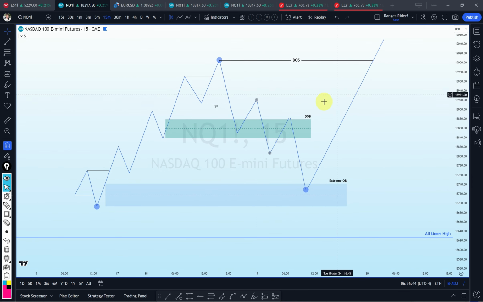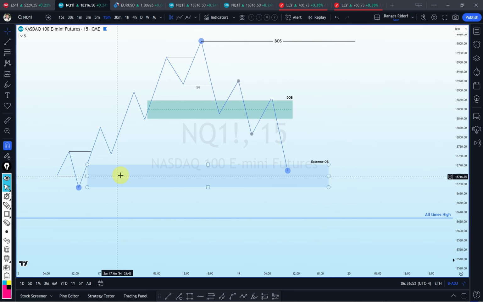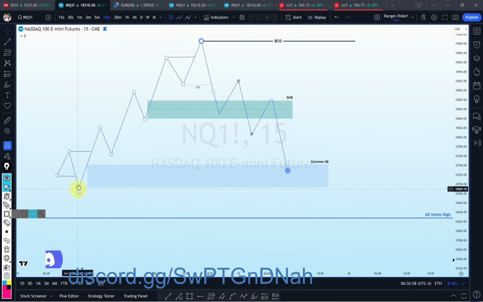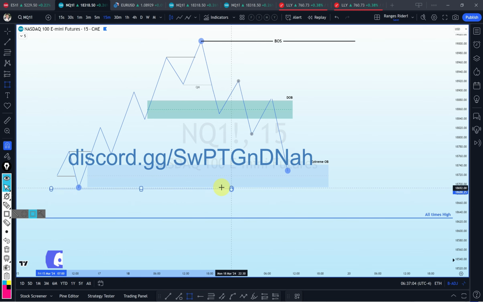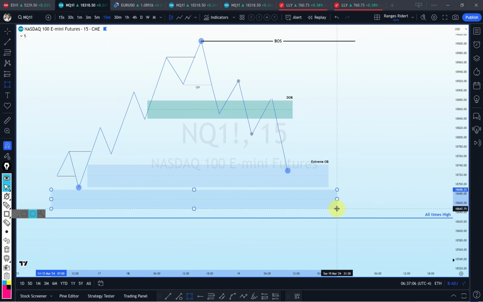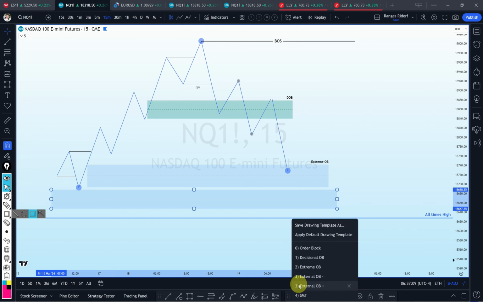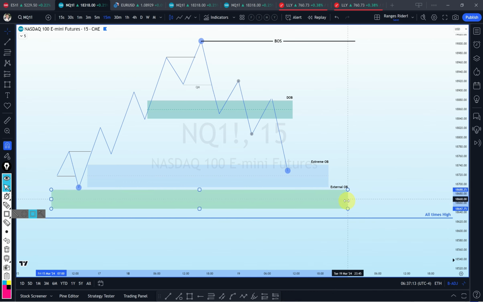So what is the third type? The third type of order block is if the extreme order block disrespects, then below the extreme order block, this swing, because this is the QM, below this one, you go one time frame higher to check, you will have the external order block.